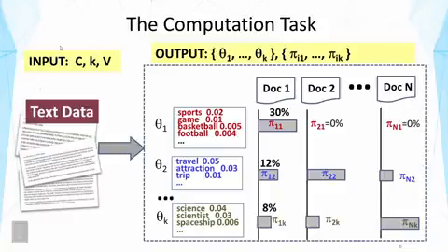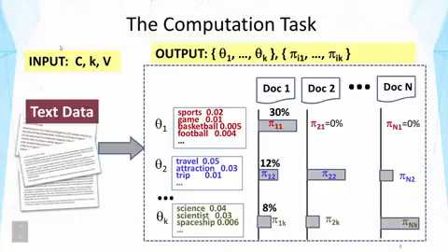Each theta i is a word distribution. And we also want to know the coverage of topics in each document, so that's the same pi ij's that you have seen before. So given a set of text data, we would like to compute all these distributions and all these coverages as you have seen on this slide.